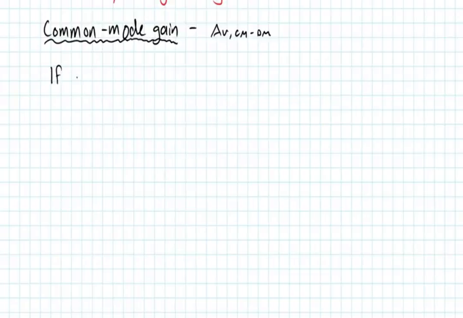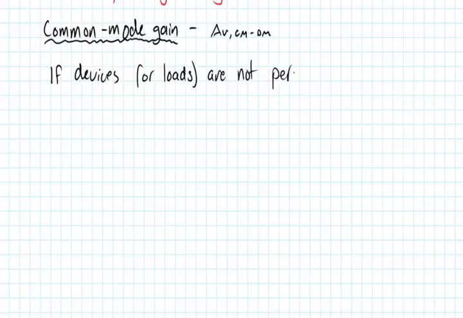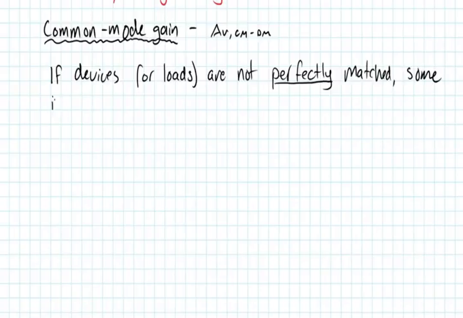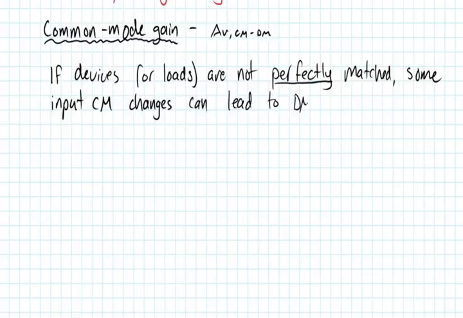If devices or nodes are not perfectly matched, then some input common mode changes can lead to output differential mode changes.